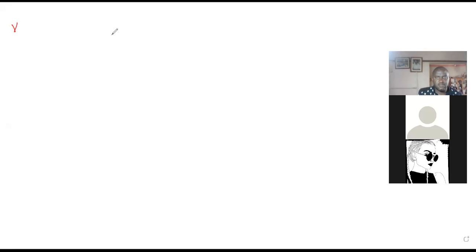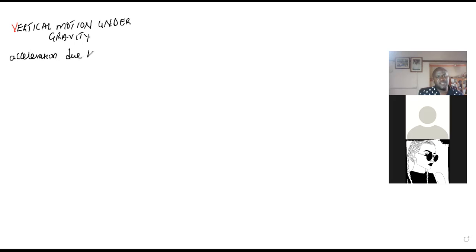let's have an introduction to vertical motion under gravity. So in vertical motion under gravity, we have what we call acceleration due to gravity.